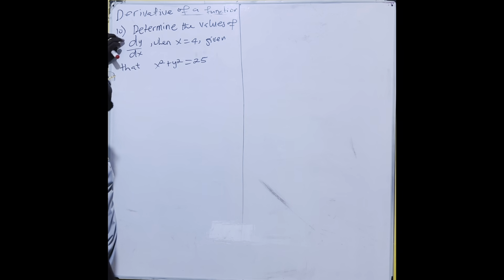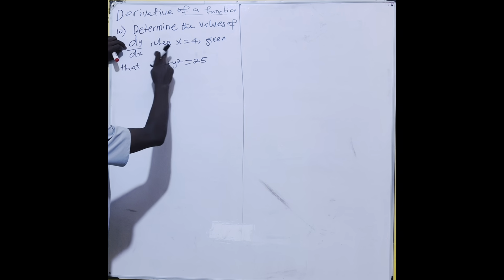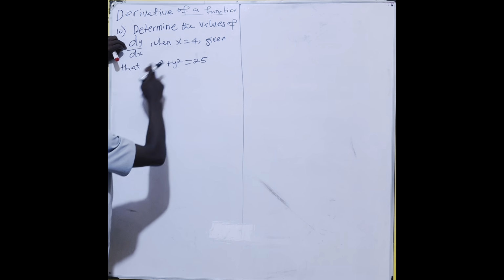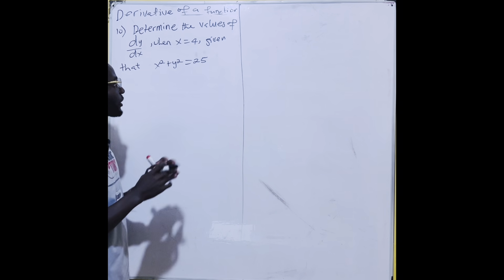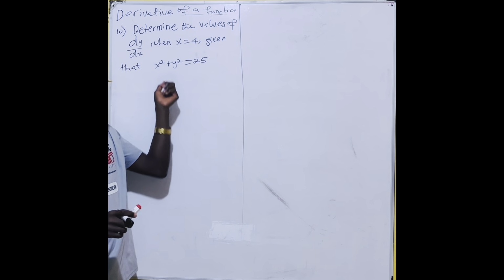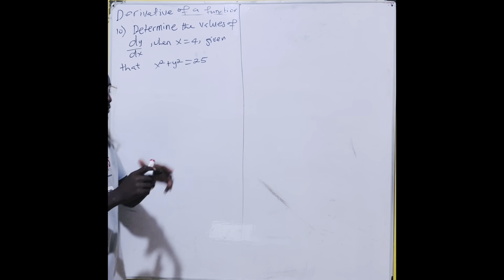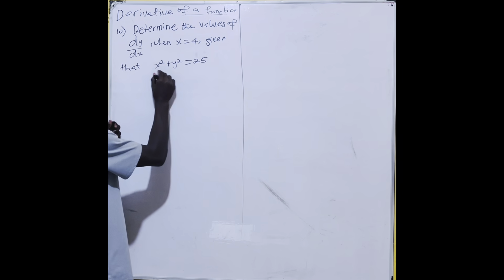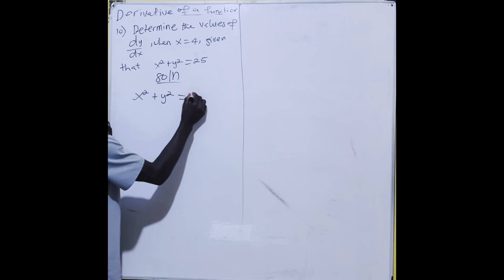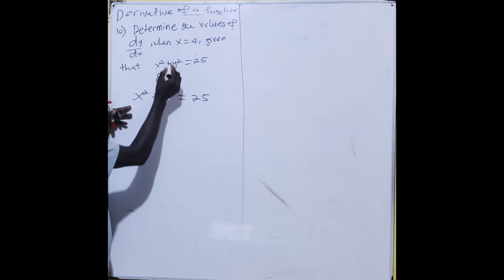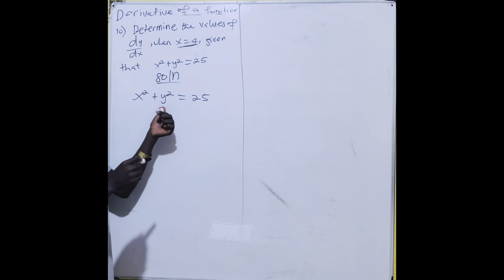So with question number 10, we want to determine the value of dy dx when x equals 4, given that x squared plus y squared equals 25. All right, so this particular question, we have to determine dy dx when x is 4, given this function. So first of all, we know that x squared plus y squared has been given. So we have to substitute when x is 4 to find the value of what?